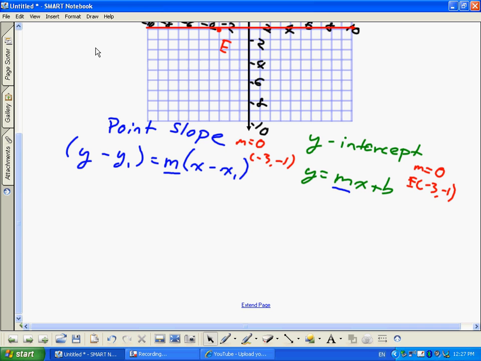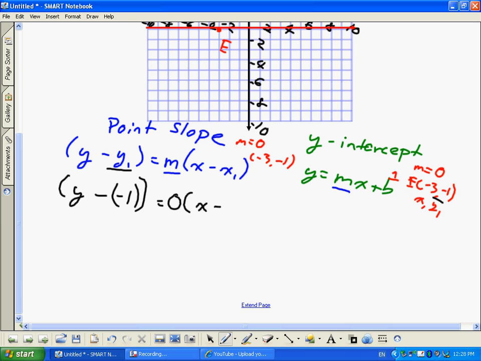Okay, so we have our point E. Because it's our only point, focus guys, this is going to be our x1 and our y1. So, in our point slope form, our y1 is -1. Our slope is 0.